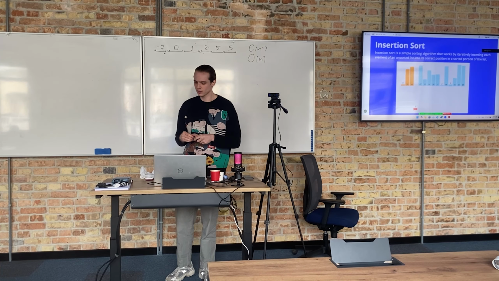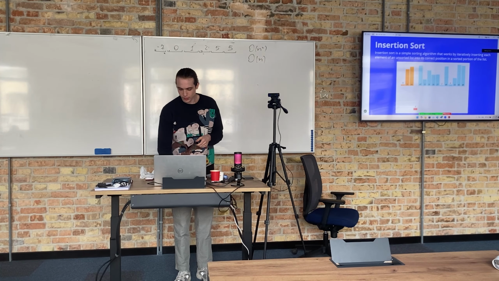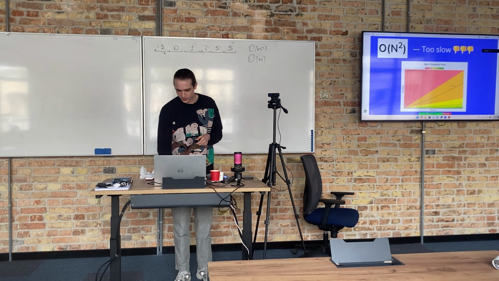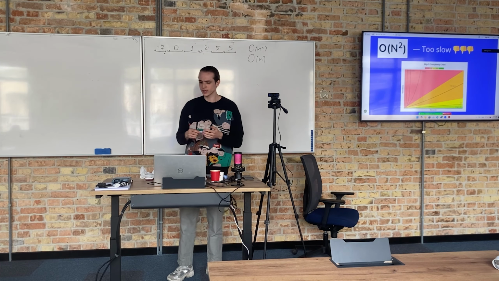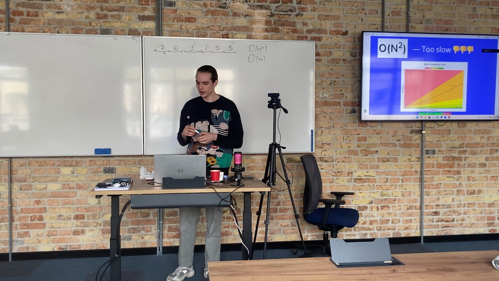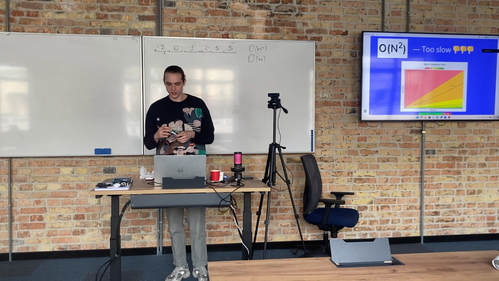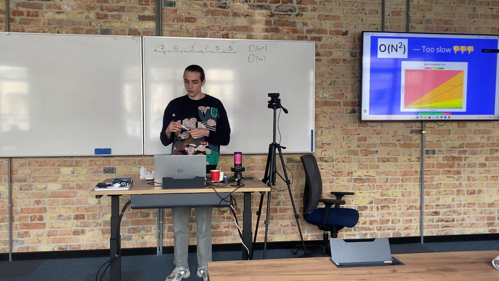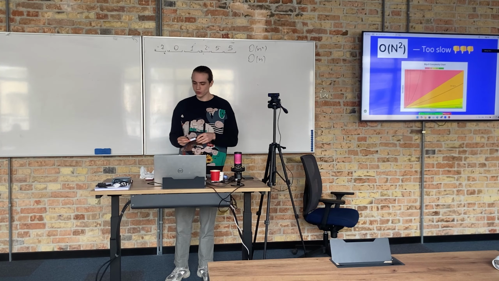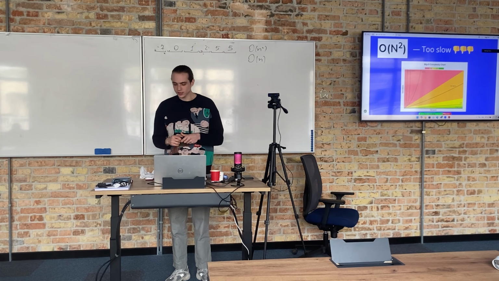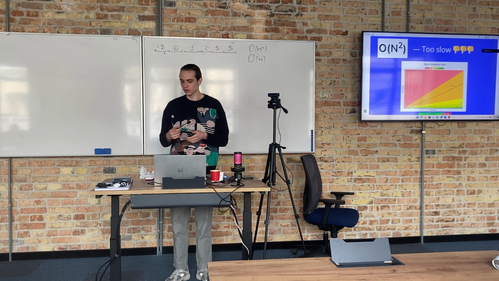They are like bubble sort. But with this we have a problem. They are too slow. O(n squared) is not okay. It's very, very slow. So we need at least O(n log n).